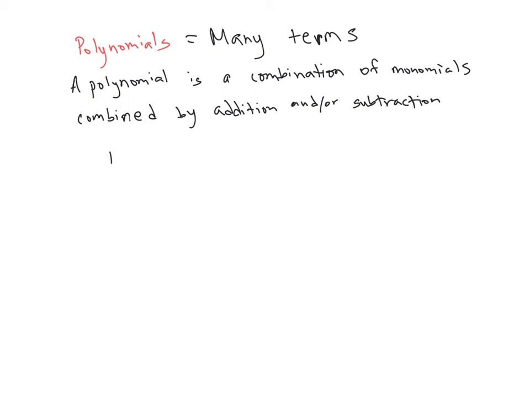So like binomial, that would mean 2 terms because bi means 2. Just like bicycle means 2 wheel, tricycle 3 wheels, right? So trinomial, just like a tricycle, trinomial is going to mean 3 because tri means 3.